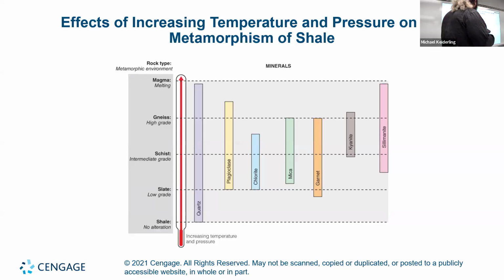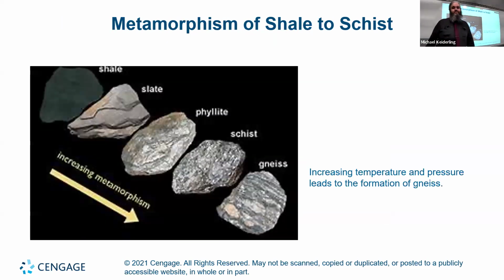Chlorite might, these show up later. Garnets show up, but they don't usually make it into the gneiss, and so on. Different minerals at different levels of metamorphism. So here's sort of this process: shale, slate, schist, gneiss. Gneiss is sort of the end state.